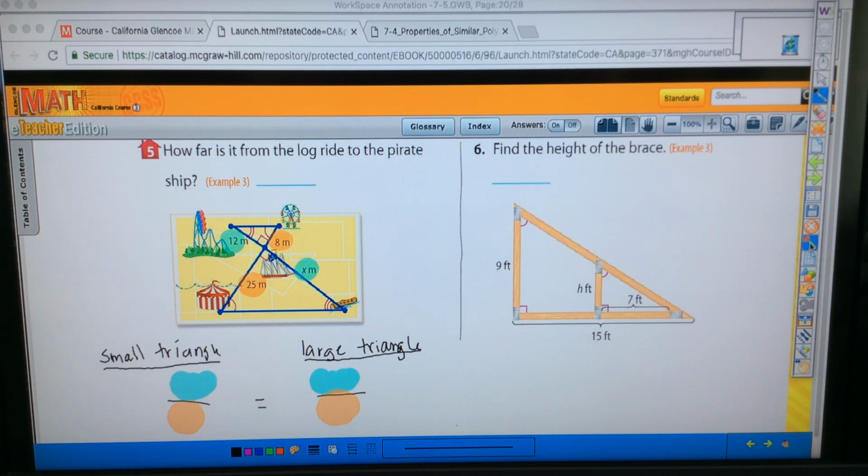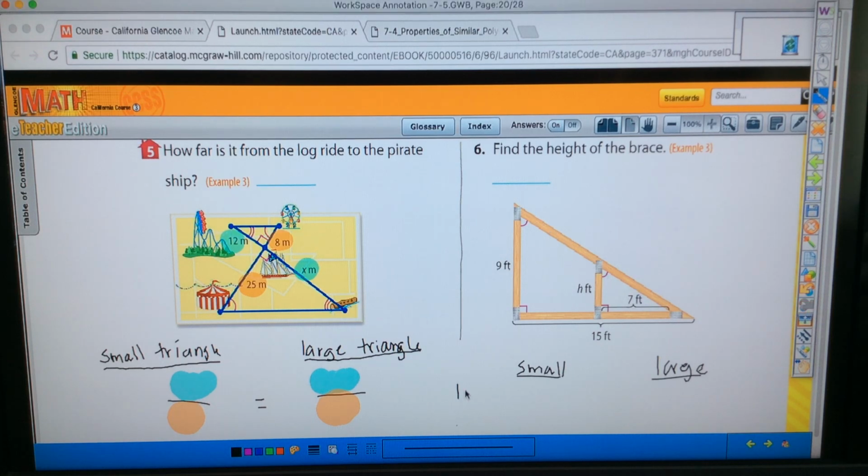So we know that the leg, let's make a list here, small right triangle, large right triangle. So leg, hypotenuse. So smaller, it's actually not the hypotenuse this time. There's a longer leg and a shorter leg. So I'm going to back up here and call it longer and shorter. They're not giving us the hypotenuse.